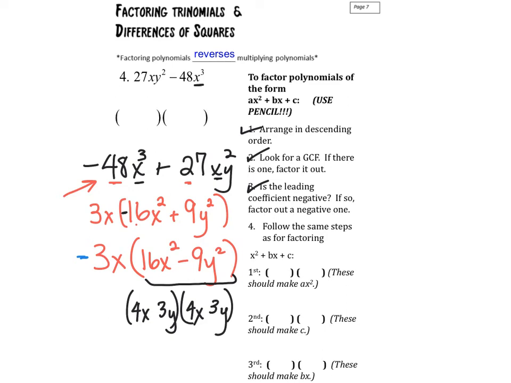Because it's a difference of squares, one is going to be positive and the other is going to be negative. We also cannot forget to always bring down your GCF. And so the final answer here is negative 3x times the expression 4x plus 3y times the expression 4x minus 3y. This is called factoring completely.